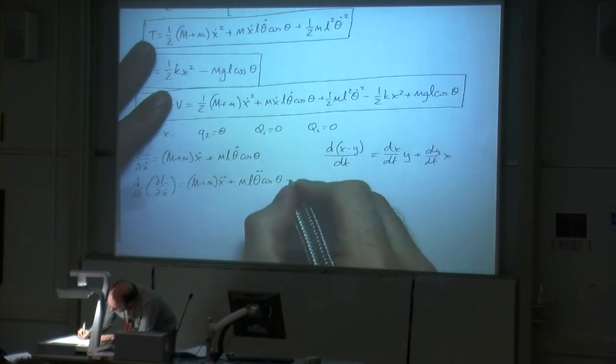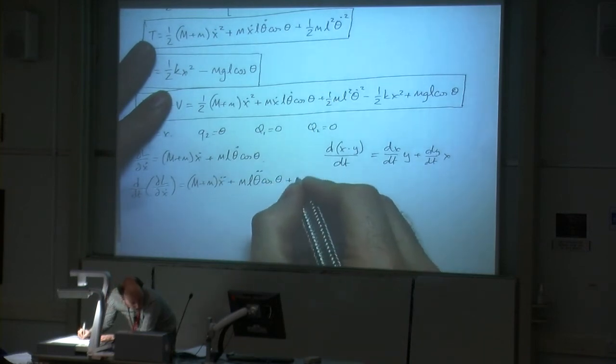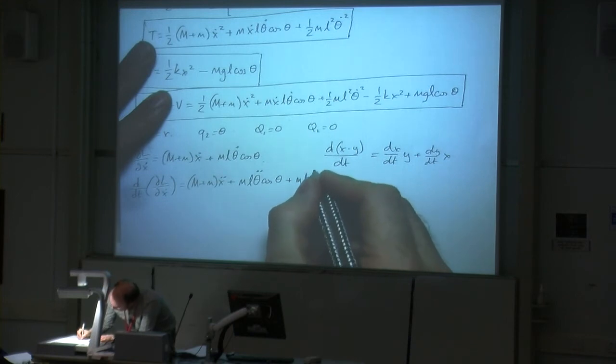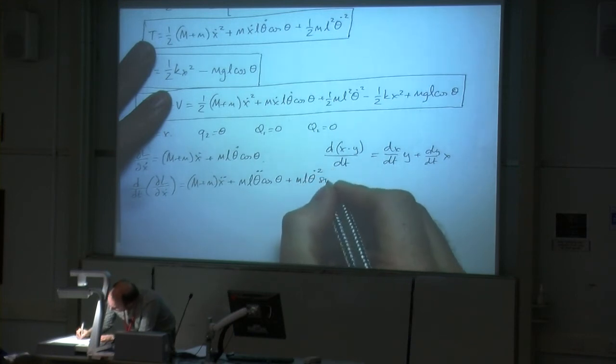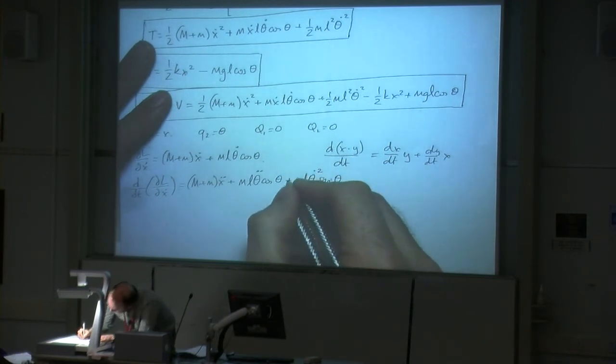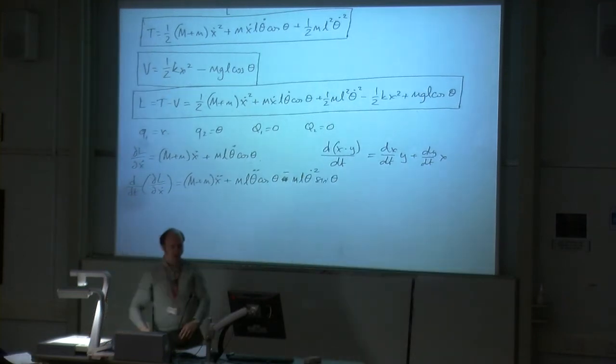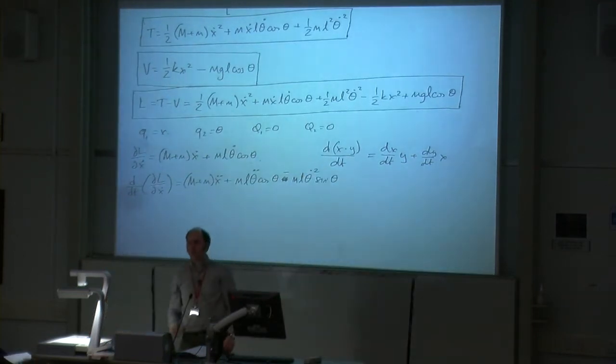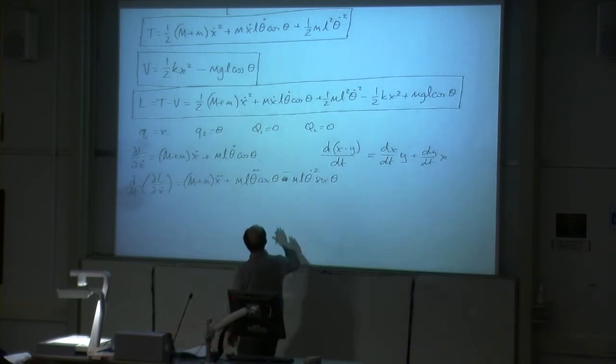Okay, plus m, l, theta dot squared, sine of theta. Sorry, there's a minus sign there. That should be a minus sign, apologies, because obviously the differential of cosine is minus sine. Okay, so that's minus sign.